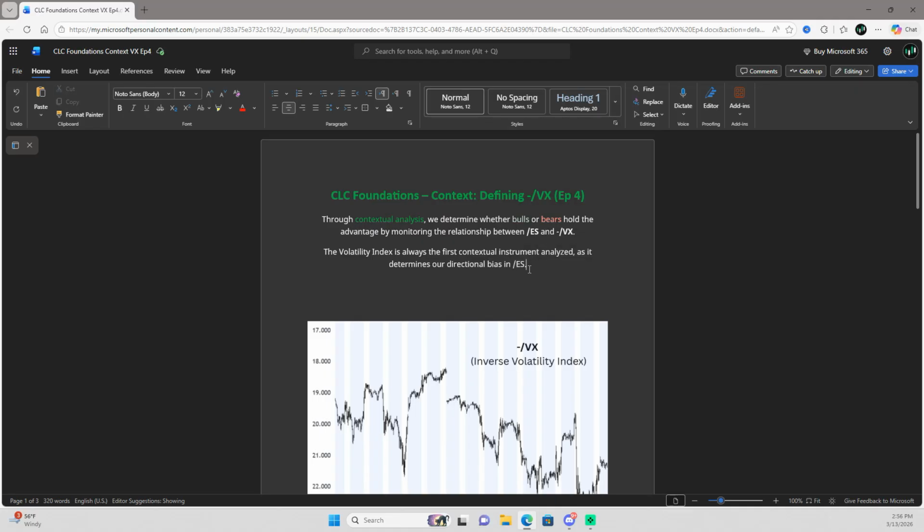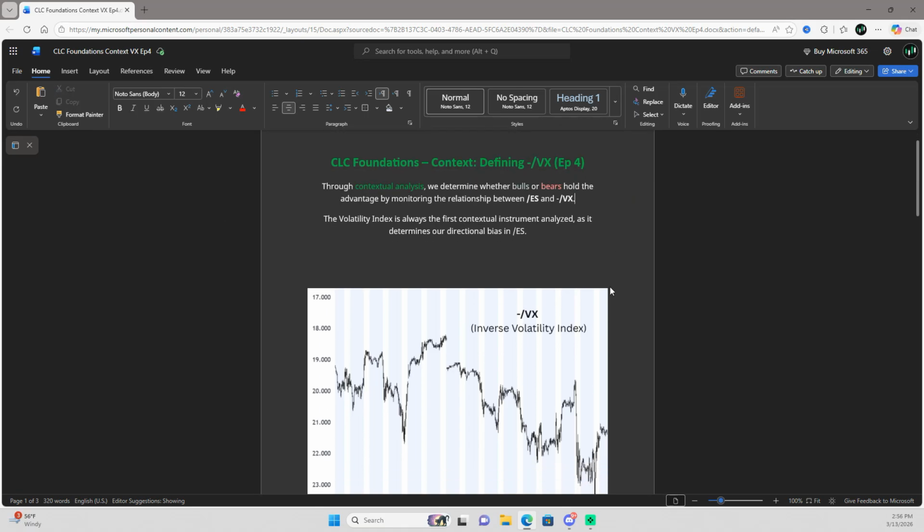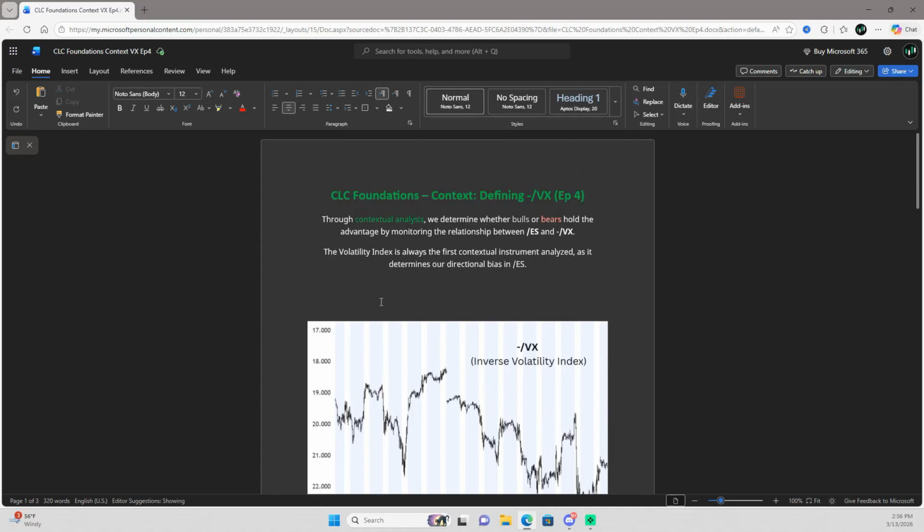So the first thing that we're always looking to do when we approach markets is establish a directional bias. We want to understand whether bulls or bears have an advantage over one another, which side has an edge within the market. And the way for us to do that is to look at the relationship between ES and the VIX. So pretty simple stuff to understand.